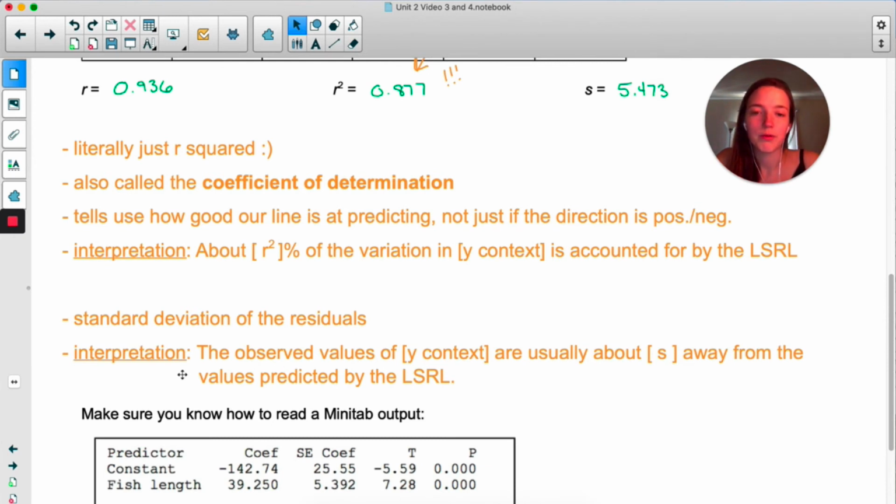So once again, this is kind of a Mad Lib sort of interpretation that you can always use. The observed values of Y, in context, are usually about blank away from the values predicted by the LSRL, the least squares regression line. So in our case, the observed values of IQ scores are usually about 5.473 points away from the values predicted by the line.